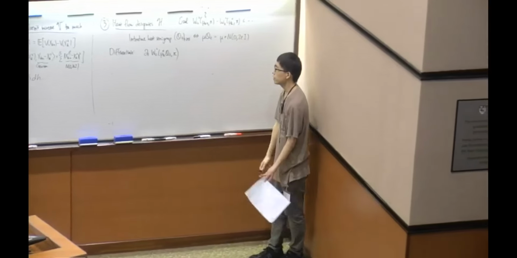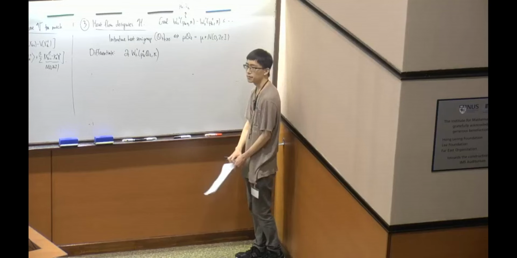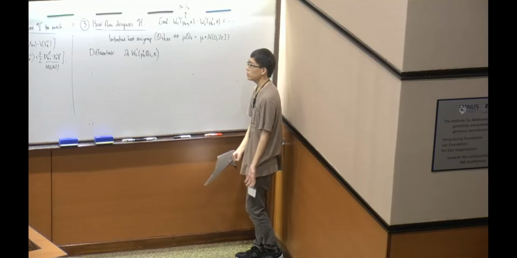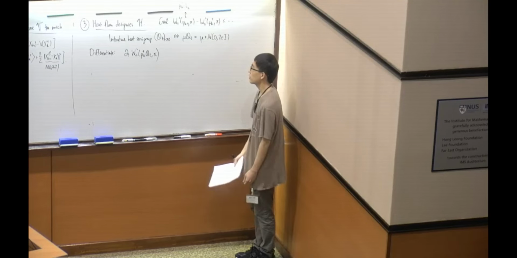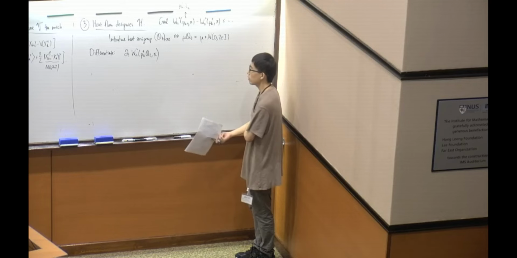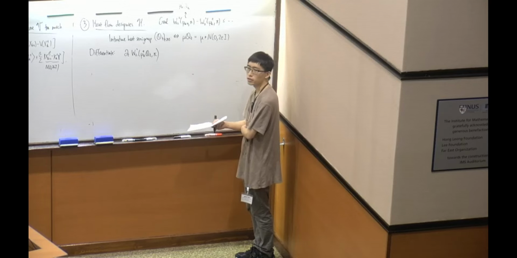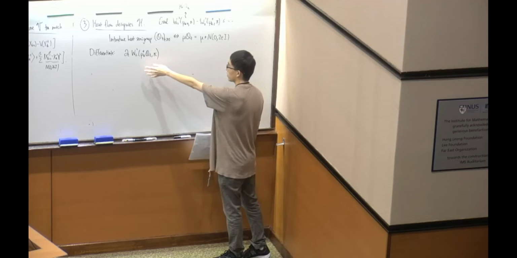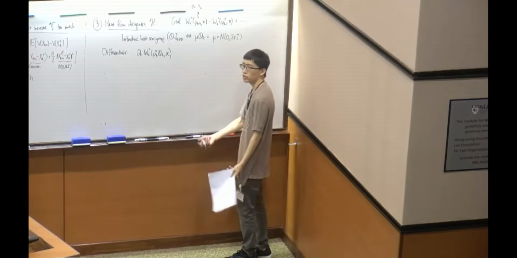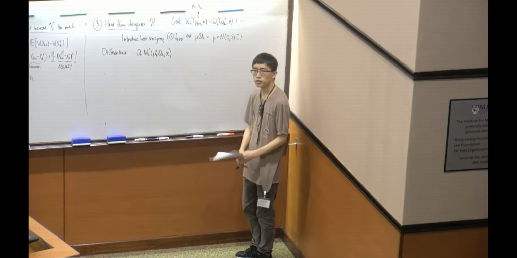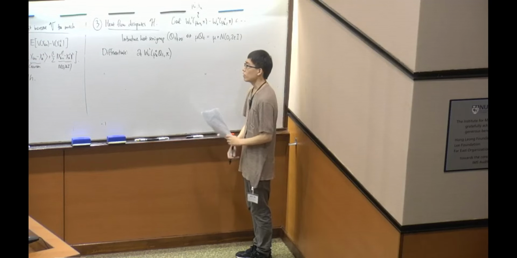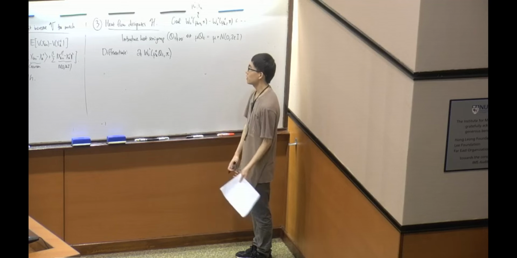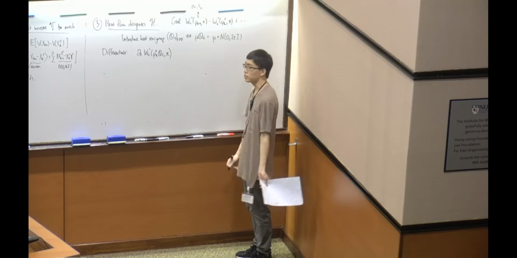So I want to differentiate this squared Wasserstein distance. Now, recall that the heat semigroup is just the Wasserstein gradient flow for the entropy functional. So this is asking how do we differentiate the Wasserstein distance along the Wasserstein gradient flow for the entropy functional? And very conveniently, Yair actually did this computation 2 lectures ago.